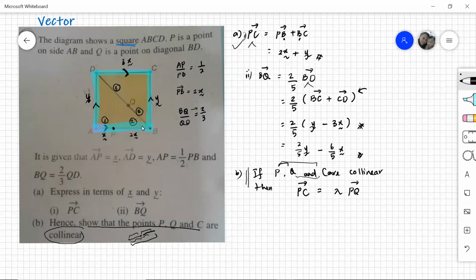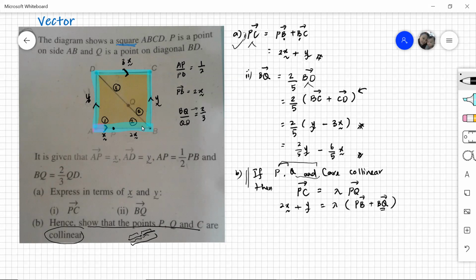Now, PC we have the vector, which is 2x plus y. Lambda, just leave it. What is lambda? Lambda is the thing that we need to find later. And PQ, how do we get P to Q? We can get P to B plus B to Q. BQ is already found in part 2.